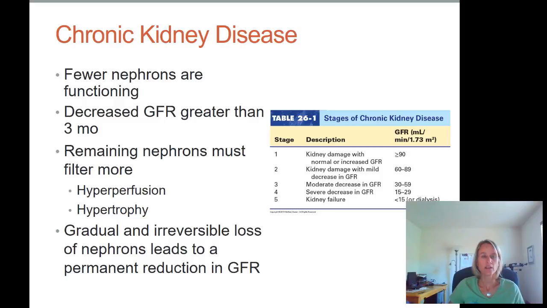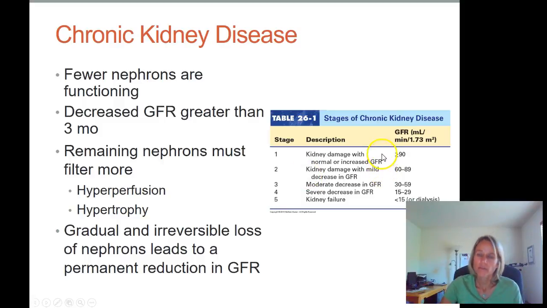So with chronic kidney disease, we have fewer nephrons functioning, and we see a decrease in GFR greater than 3 months long. Now, as we have fewer functioning nephrons, the remaining nephrons must filter more, and that causes hyperperfusion of those remaining nephrons and hypertrophy. Eventually, we have an irreversible loss that leads to a permanent reduction in GFR.